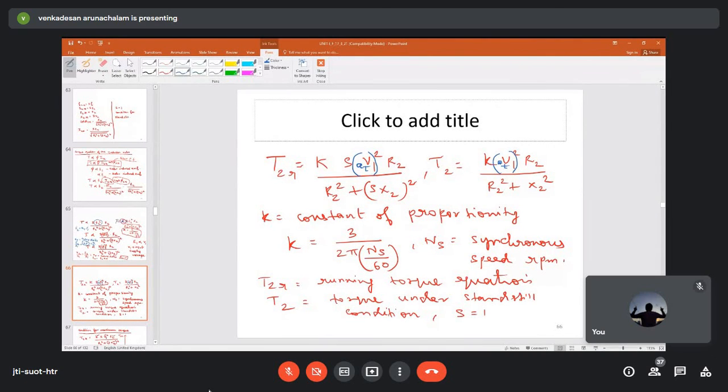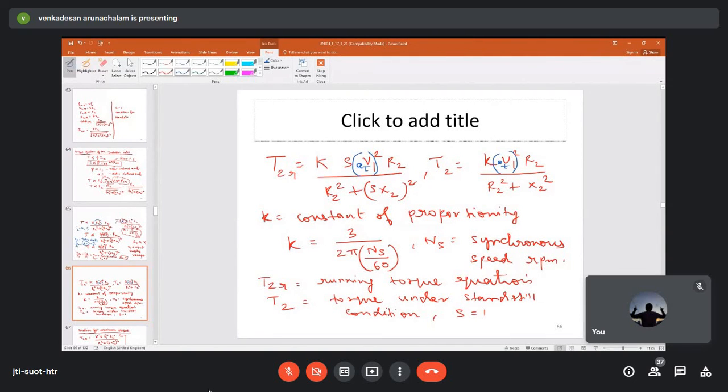Okay. So T is equal to K S AT V1 squared R2 divided by R2 squared plus S into X2 the whole square. And what is the value of constant of proportionality? T divided by 2 pi ns by 60. And whatever the torque equation we have derived here, the torque equation we can call that as running torque equation, right?